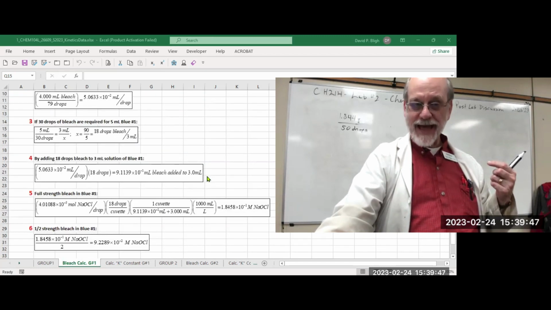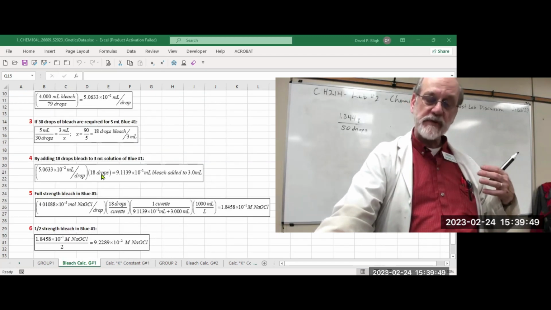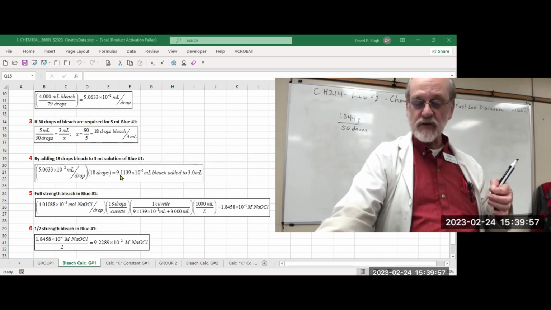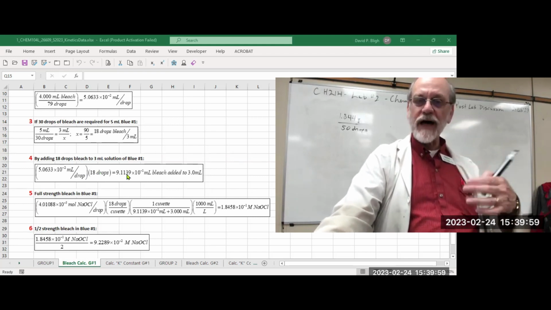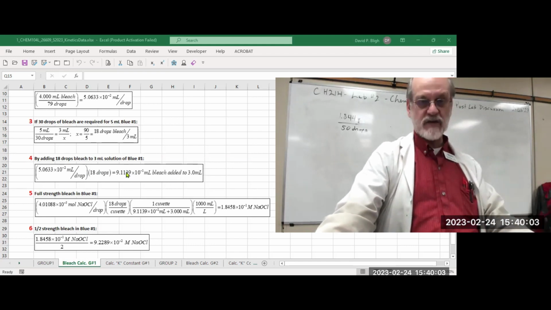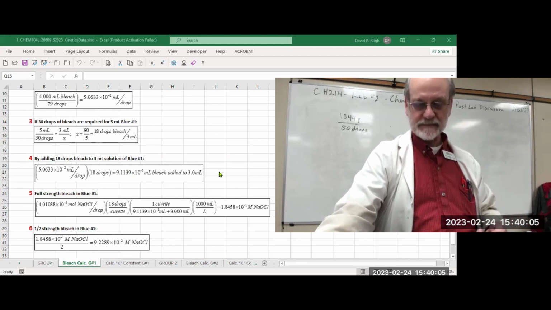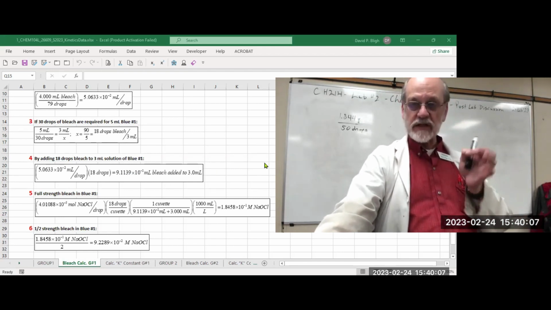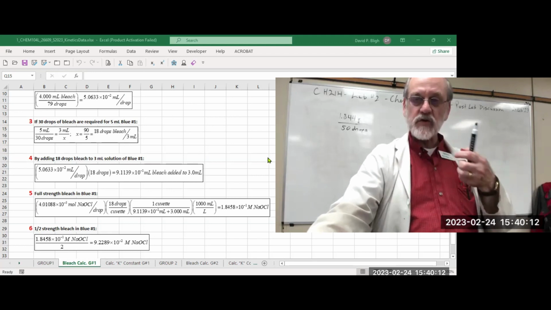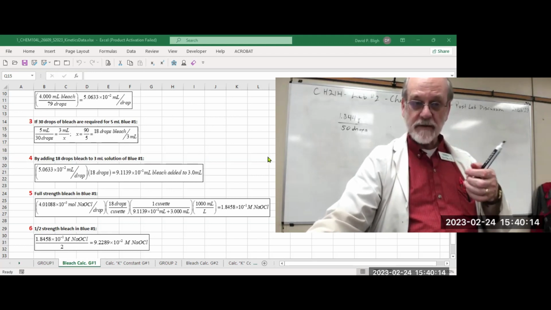So if we actually add 18 drops of bleach to the reaction vessel, then this tells us how many milliliters we added to the reaction vessel. So the total volume in the reaction vessel was 3 milliliters plus this value. Okay, you need to know that.